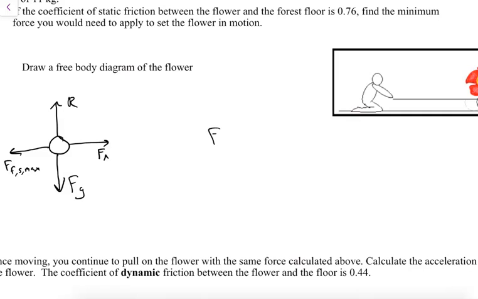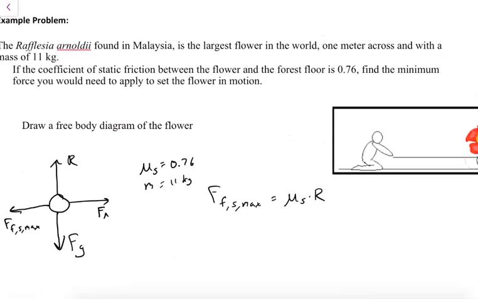We know that our frictional force, static maximum, is equal to mu s times R. We need to solve for R, and we already have mu s. So on the side, we have our static frictional coefficient is 0.76. We have our mass is equal to 11 kilograms, and we have our equation already set up.